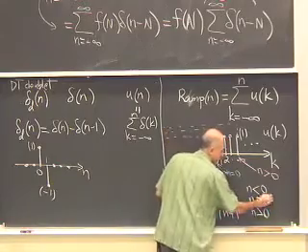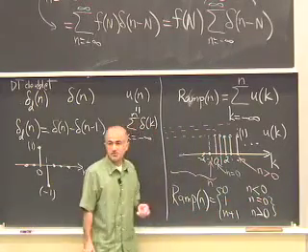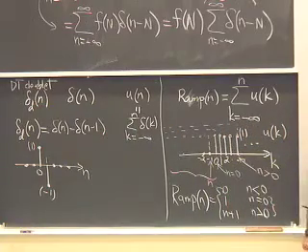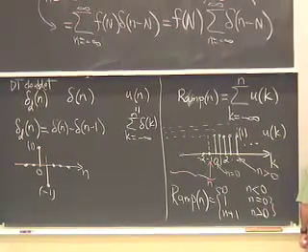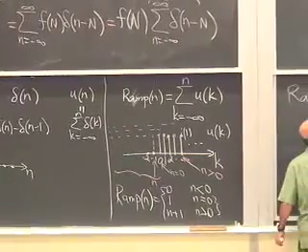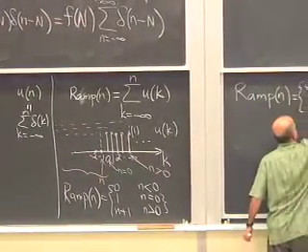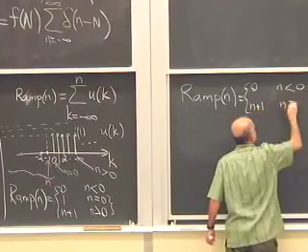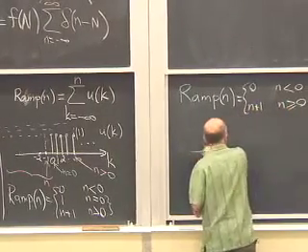And now you can see you can actually merge these two cases together. So the ramp is 0 for n negative, and it's n plus 1 for n greater than or equal to 0.